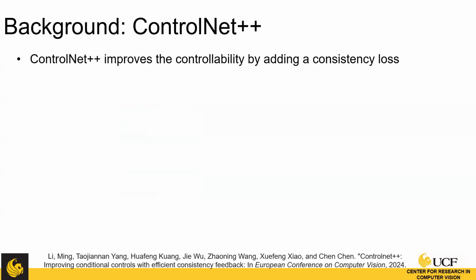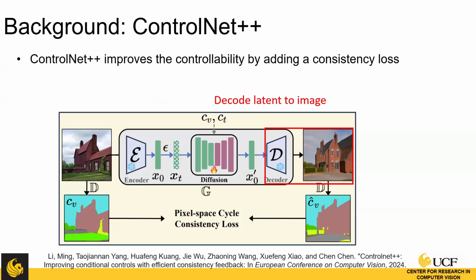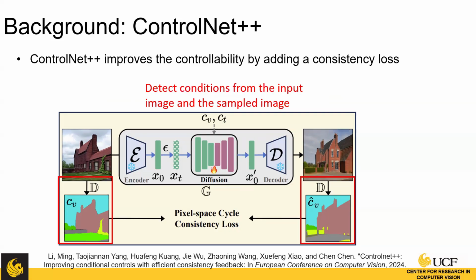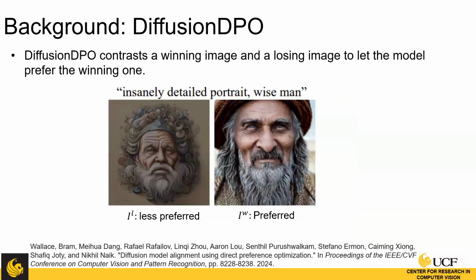ControlNet++ improves the controllability of ControlNet by adding a consistency loss. We do one-time sampling during training to get an x0, which is the estimated image latent, and we decode it with the decoder to the image space, detect the condition from that, and compute the pixel-level cycle consistency loss with the input condition, so that the controllability is explicitly improved via such a consistency loss.